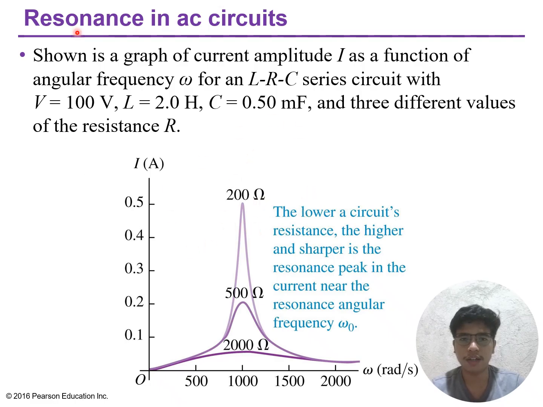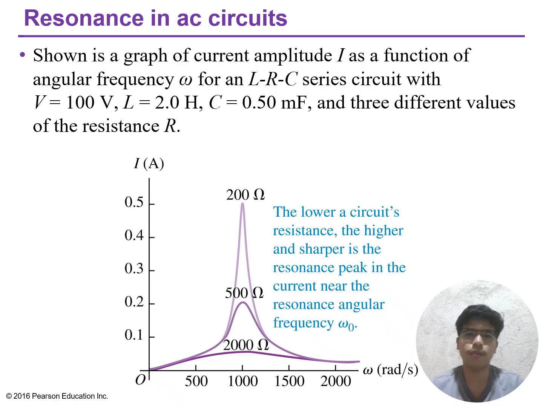Maximum current is larger and occurs over a narrow frequency range, giving excellent frequency selectivity. Higher resistance, the 2000 ohms, produces the lowest, broadest peak. Maximum current is small and occurs over a wide frequency range, with poor selectivity.